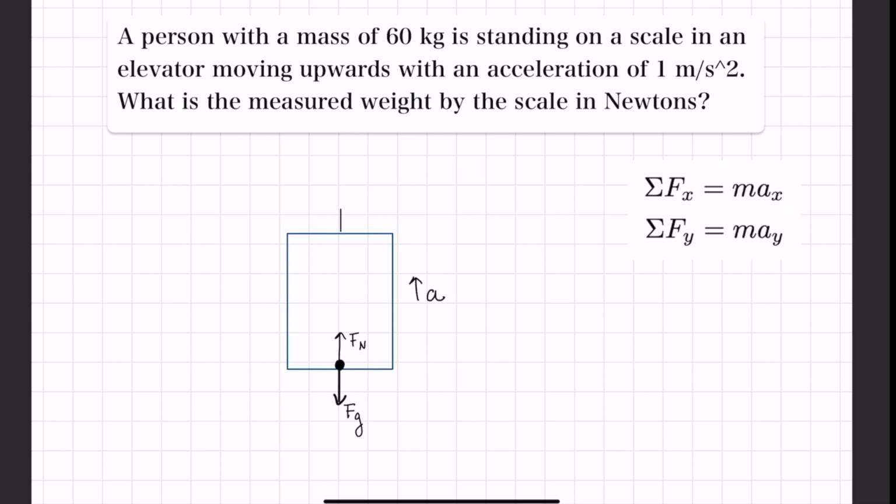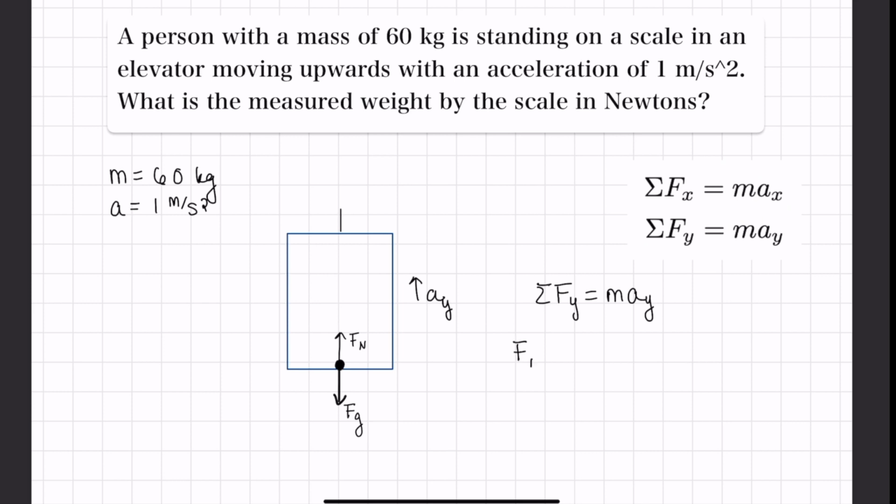So let's write out our mass is 60 kilograms. Our acceleration is 1 meter per second squared, and I drew the picture already, and I just added that the a is going upwards on here. So then we can go ahead and write sum of our forces in y equals m a. I guess I'll call this a_y to be consistent with what I have written there, but we only have one acceleration, so shouldn't be too much of a problem.